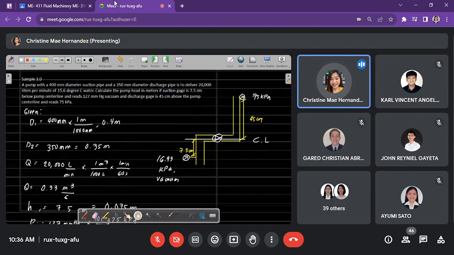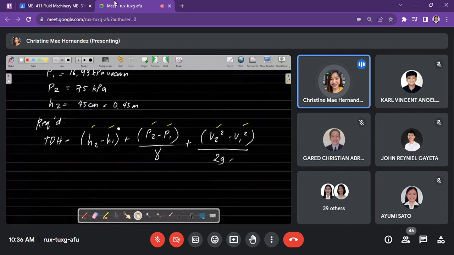Okay, so meron tayong 350 and 400 mm, 0.4 meters and 0.35 meters. So, pwede naman tayo mag-solve using this. So, TDH, using this formula, solution.